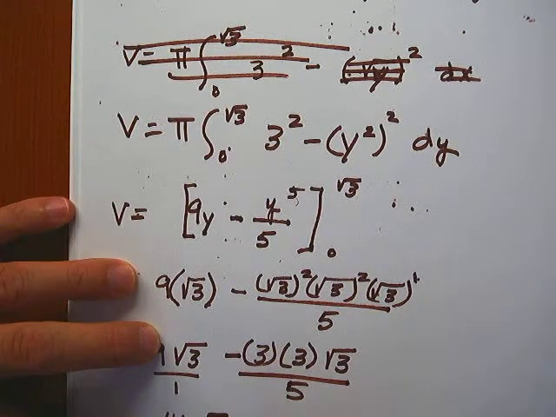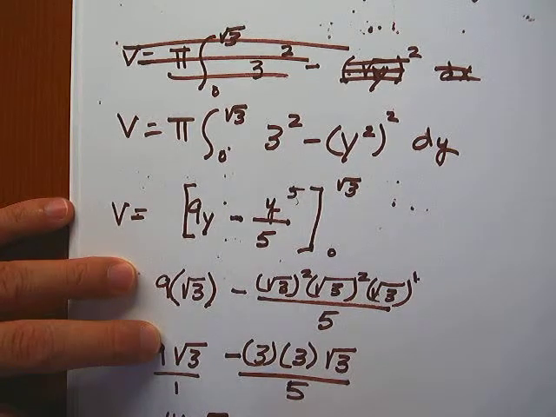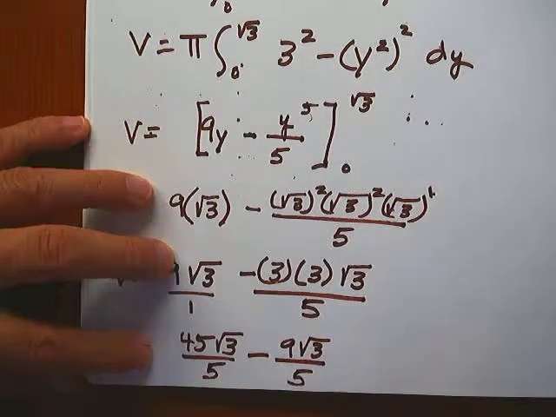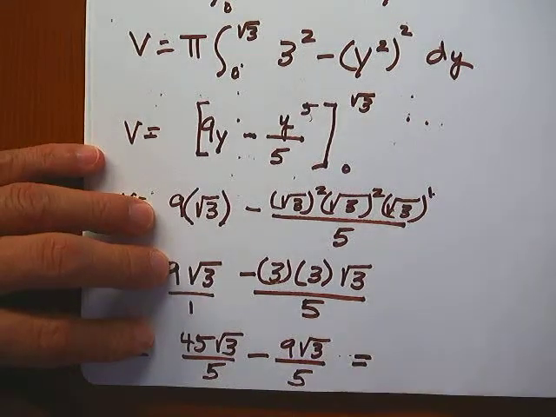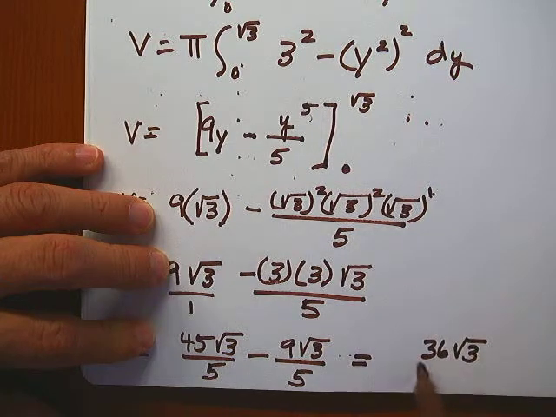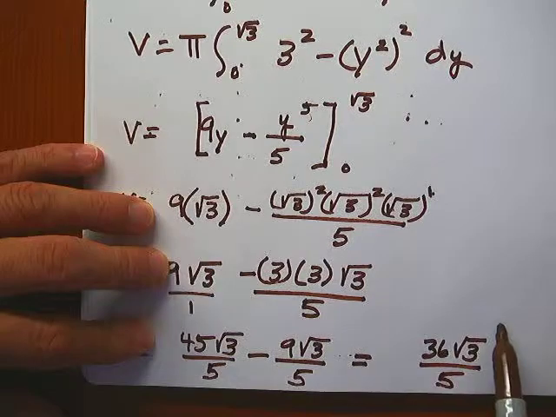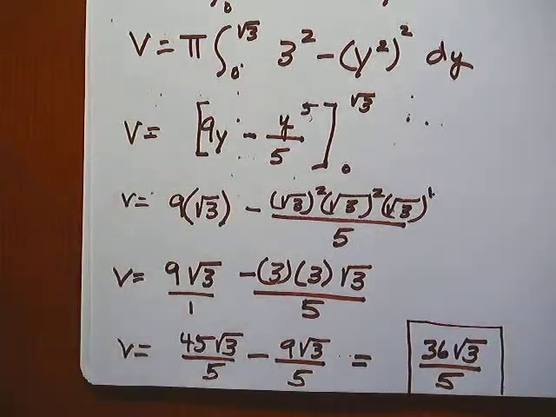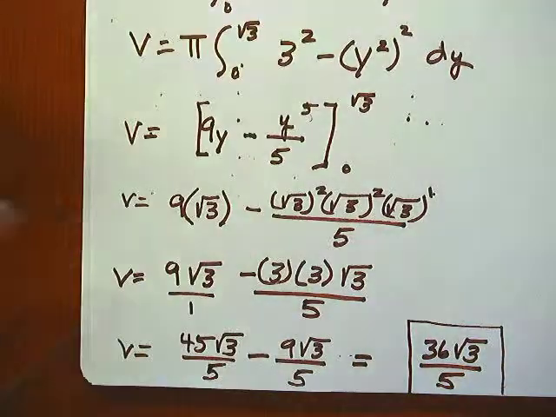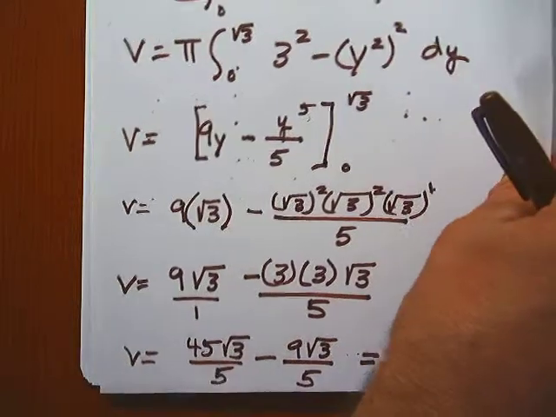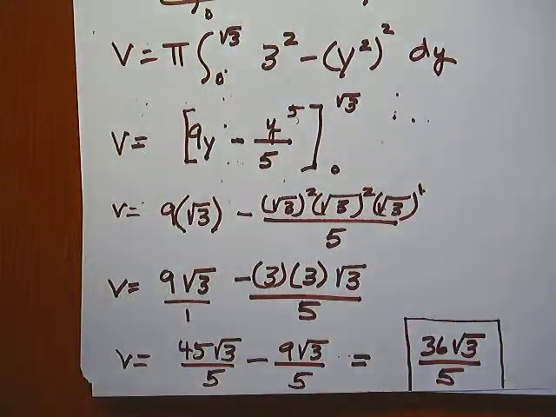V is equal to 45 square root of 3 over 5 minus 9 square root of 3 over 5, and that's going to give us 36 square root of 3 over 5. And that is the volume of B, which is around the y-axis.